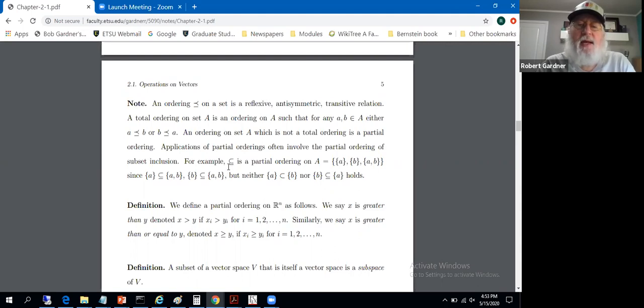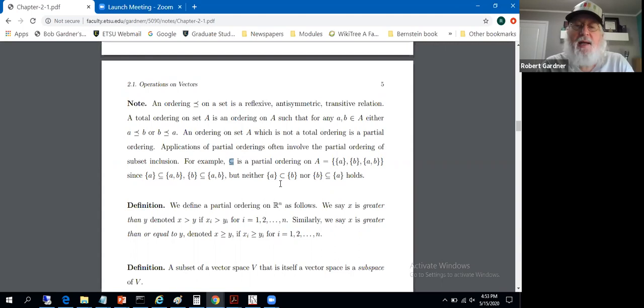For example, if we take less than or subset or equal to, we can define a partial ordering on here's set A. It has as its elements the set consisting of A, the set consisting of B, and the set consisting of A and B. Then we could say, hey, the set consisting of A is less than or equal to the set consisting of A and B. B is less than or equal to the set consisting of A and B. We can't compare A and B under this partial ordering, though. That's why it's a partial ordering.